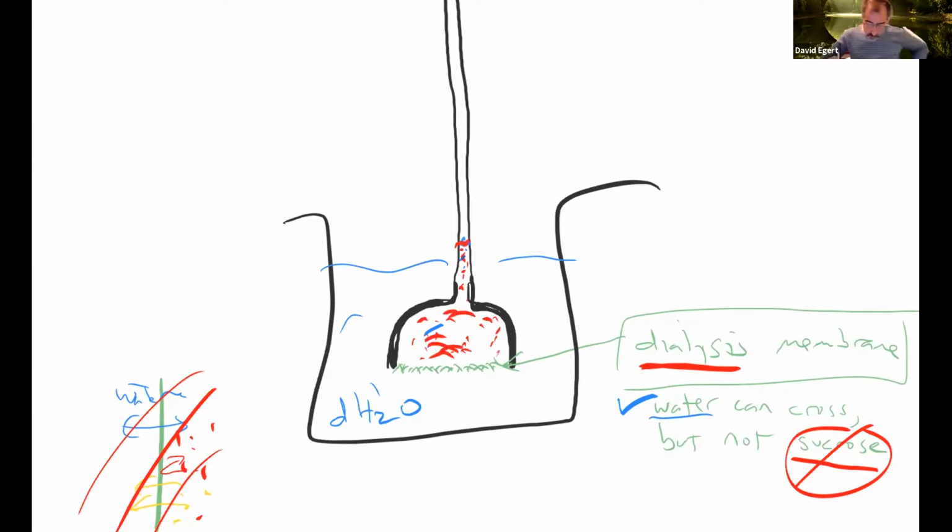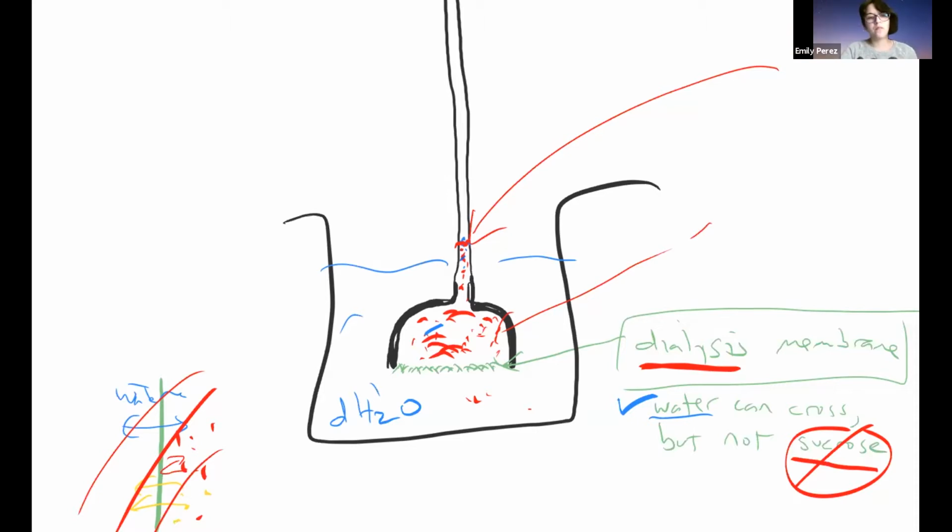All else being equal, if there was no concentration difference between the inside of this little thistle tube and the water in the beaker here, what would the level of the water in the tube be? The same, because there's no net pressure in or out, right? So the level of water in this tube is just going to be the same level as the water in the beaker.